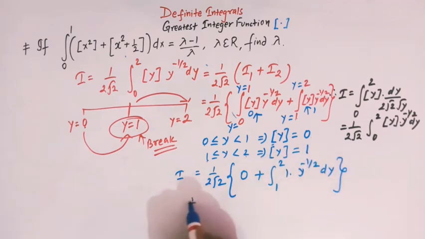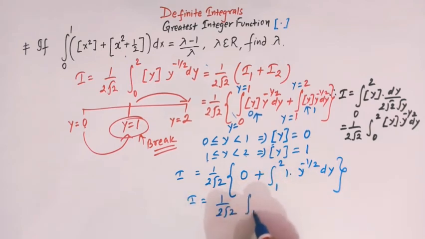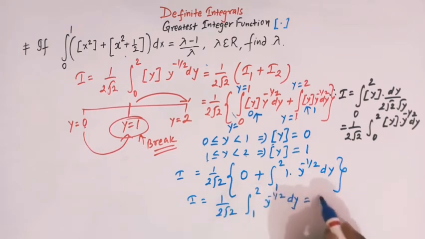So now this integral I becomes 1 over 2 root 2, and we have the integral from 1 to 2 of y raised to minus half dy, and this is a very simple integral.